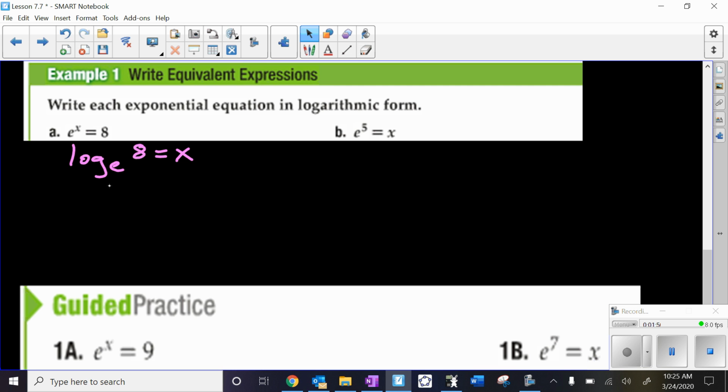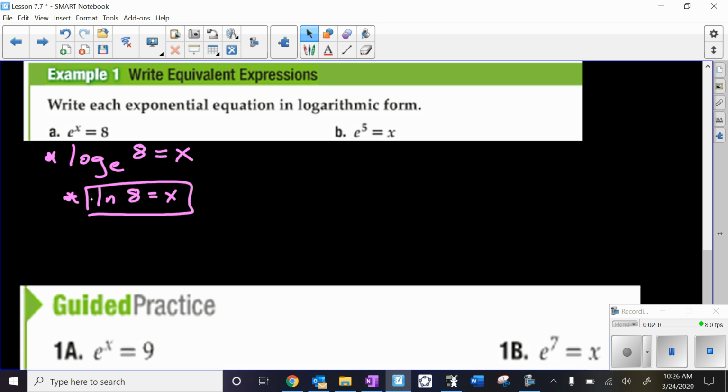The only thing is that I don't want to keep it in this form. We have another way of writing log base e that's better. So we're going to say it's the natural log of 8 that would equal x. This is the one I'm looking for. But again, some of you might need to write this one first in order to get to this second one.